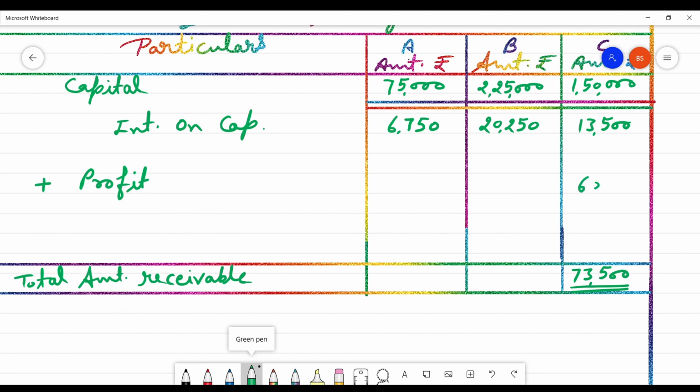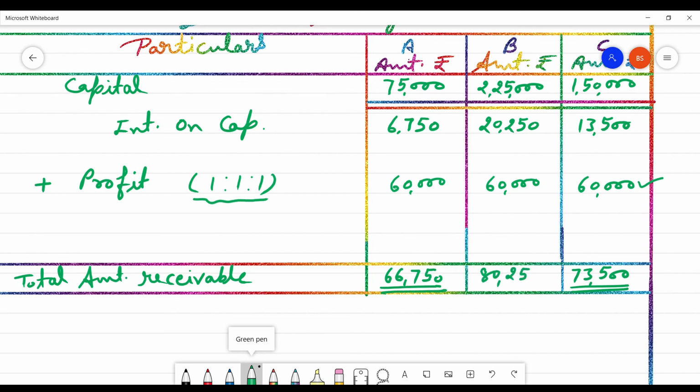It comes 60,000. And the ratio of profit and loss is 1:1:1. Means all the partners will get equal profit. So if C gets 60,000, A also gets 60,000, B also will get 60,000. Then the total amount, interest on capital plus profit, 66,750 will be got by A, 80,250 will be got by B.